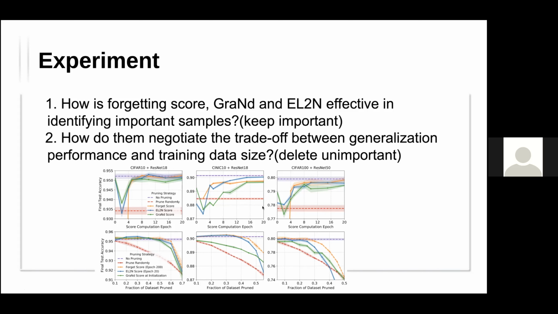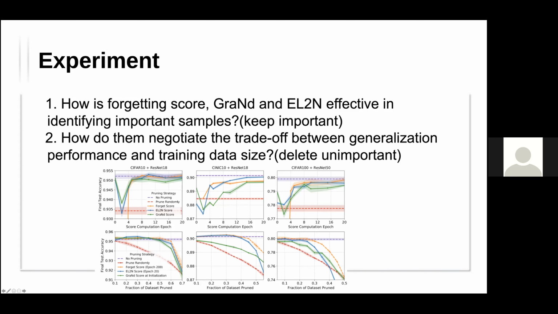Sorry, I forget about this. Then it's very hard to illustrate, because this is the x-axis of the diagram, right? So it's very hard to really understand what this diagram is really about. But for the second row, the x-axis represents the fraction of dataset pruned, and the y-axis is final test accuracy.